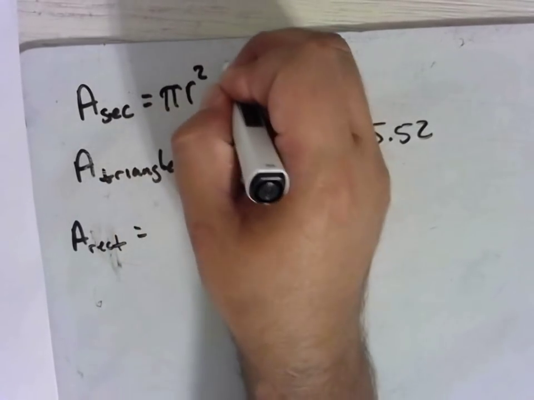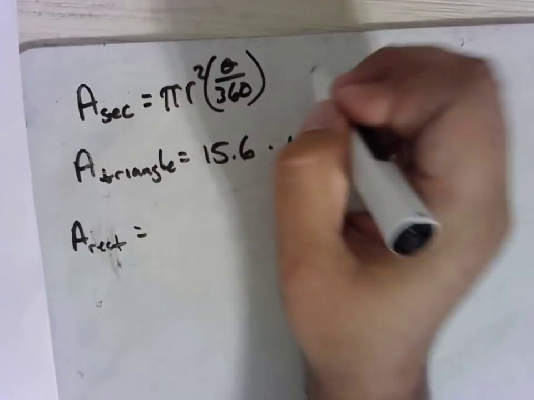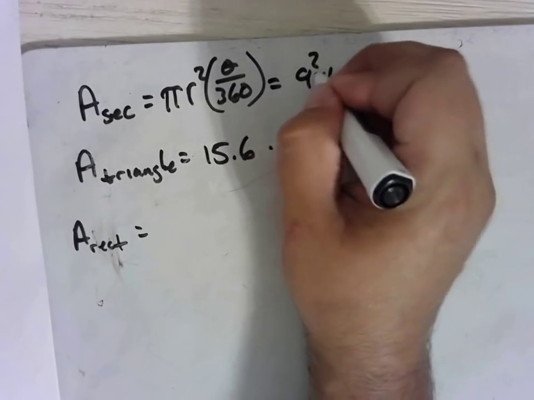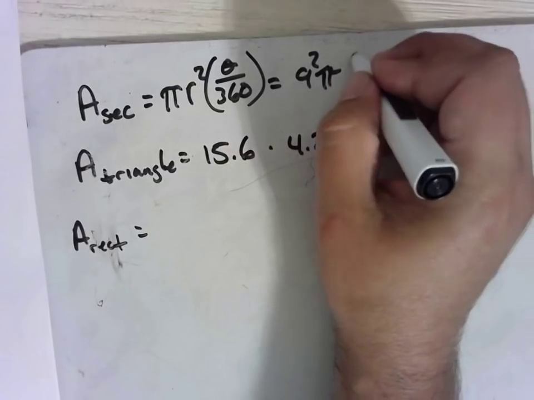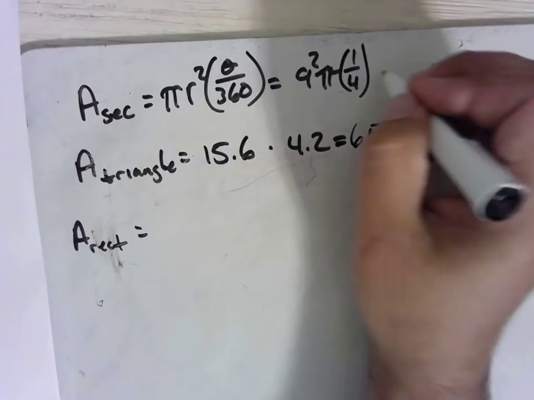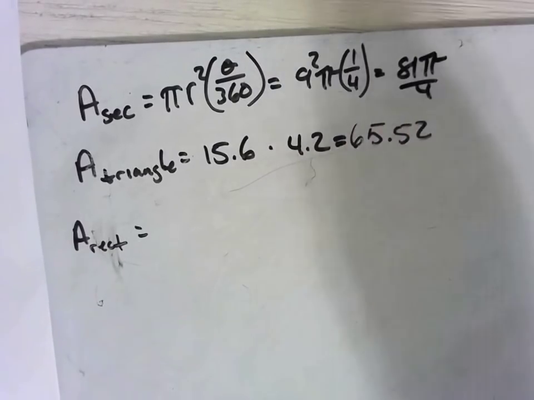The area of the sector, pi r squared times theta over 360. Your radius is 9, so 9 squared pi. Theta is 90 over 360. We already figured that out before that. That's 1/4, which gives you 81 pi over 4.